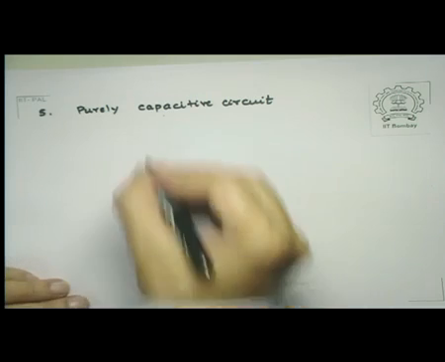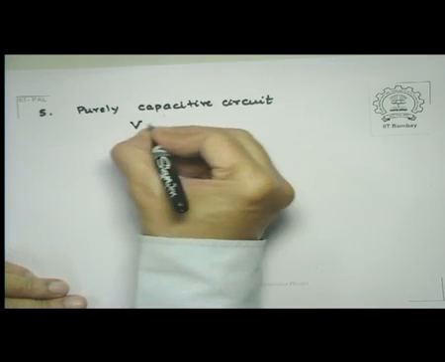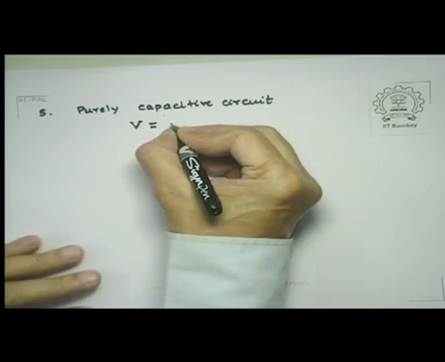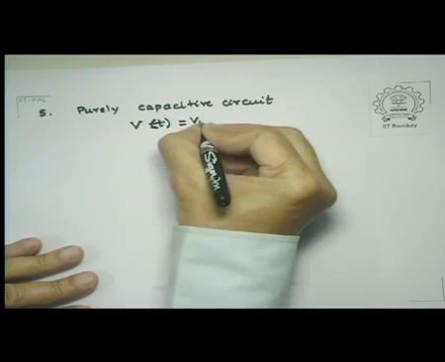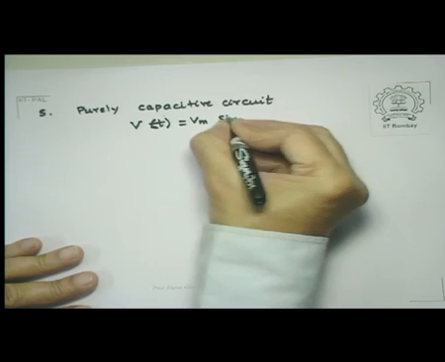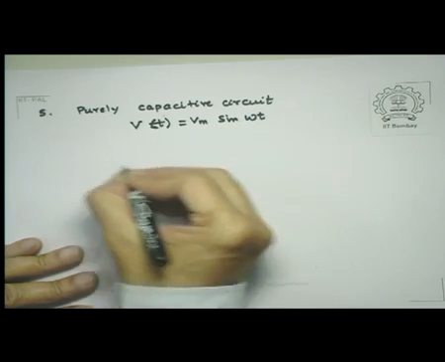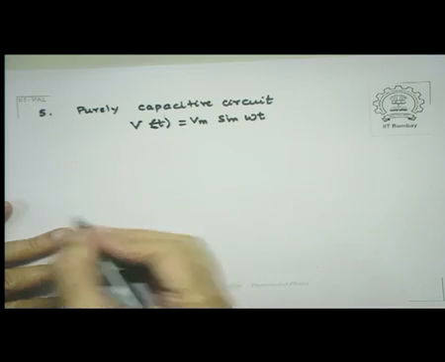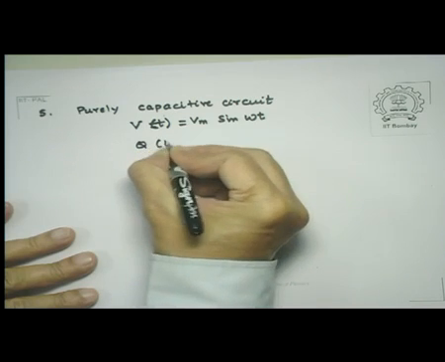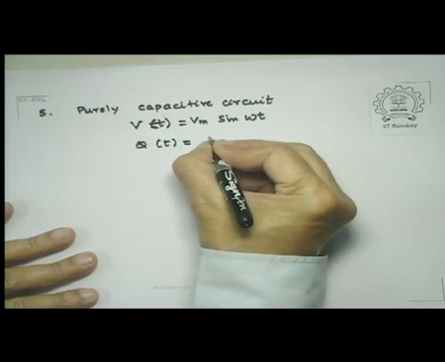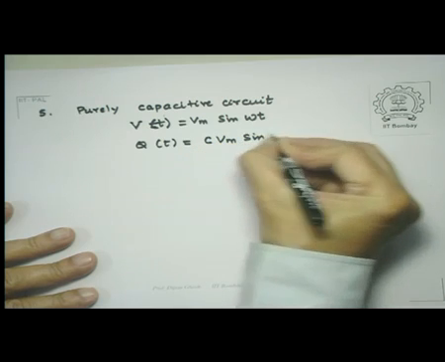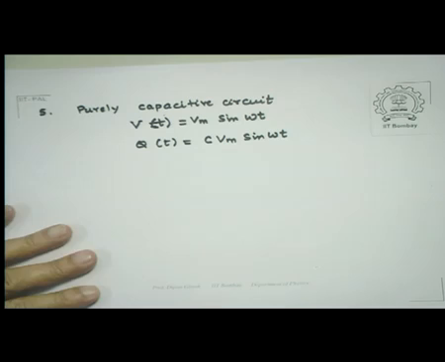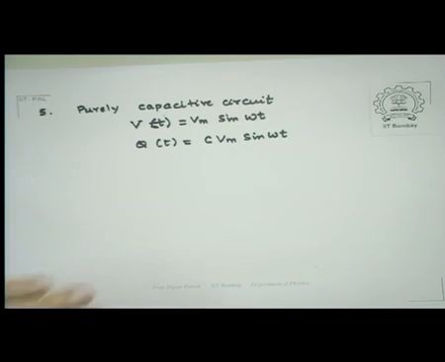In this case, if the voltage across the capacitor is given by V of t equal to Vm sin omega t, then the corresponding instantaneous charge is given by C times Vm times sin omega t, and you can obtain the current by differentiating this.